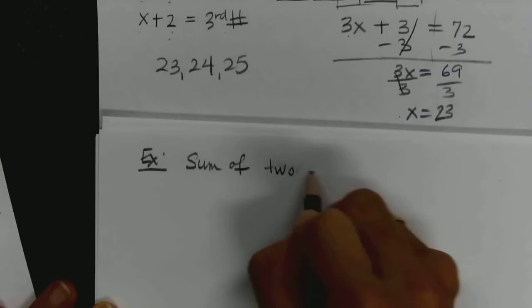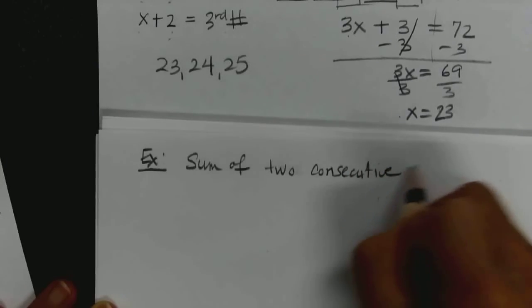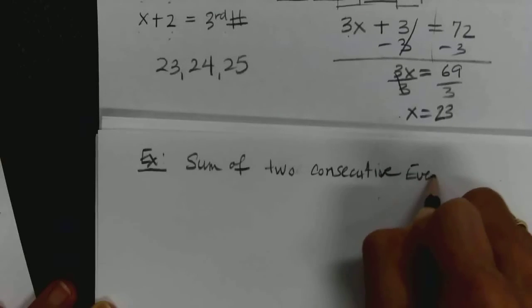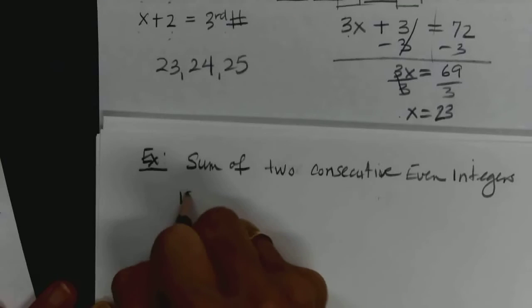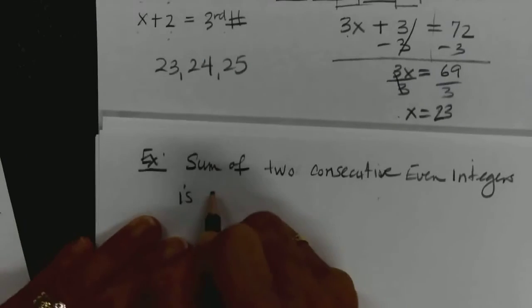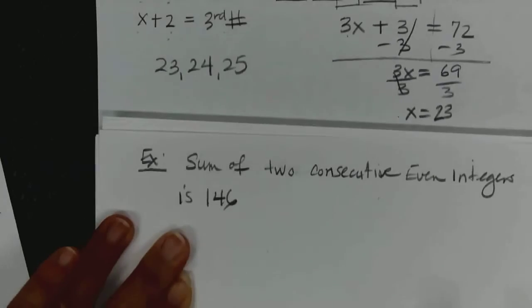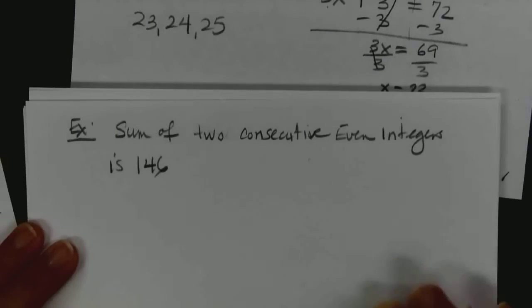The sum of 2 consecutive even integers is, I gotta pick the number here. Let's say 146. Sum of 2 consecutive even integers is 146.